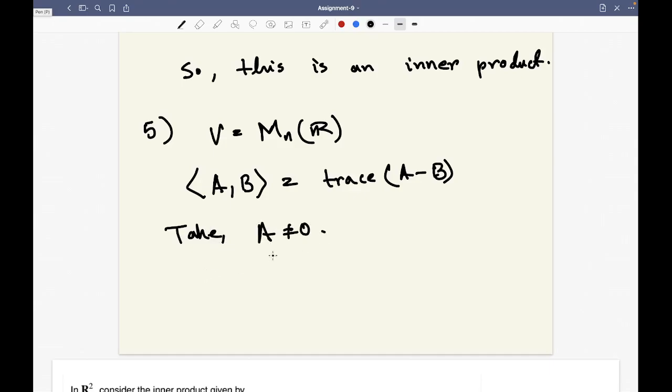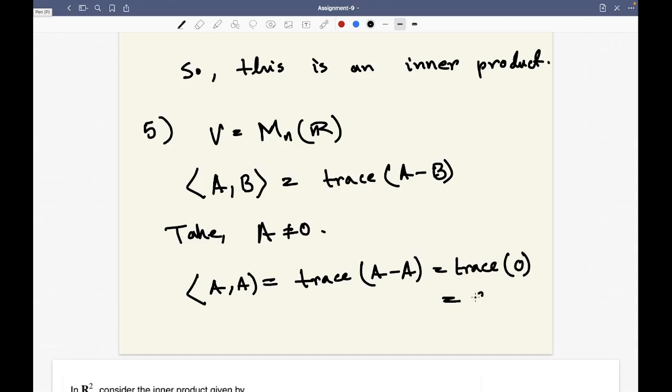Take A non-zero, and now compute A inner product with A. So what will this be? Trace of (A minus A), right? So this is the zero matrix, and the trace of the zero matrix is 0.